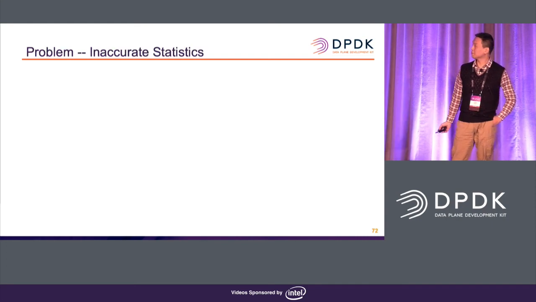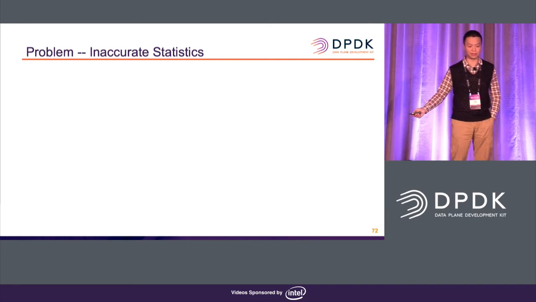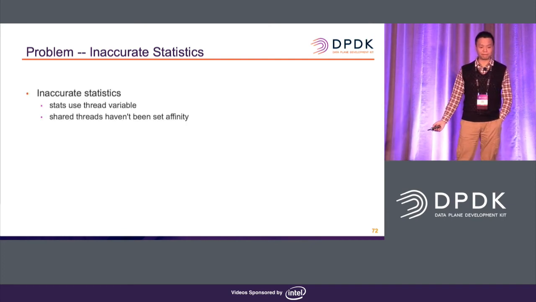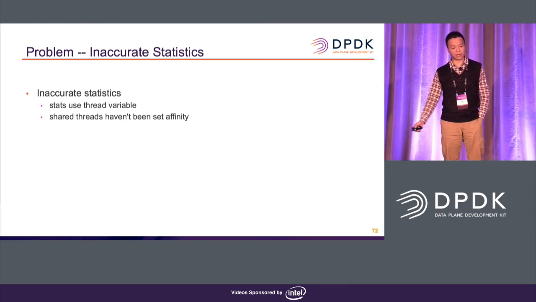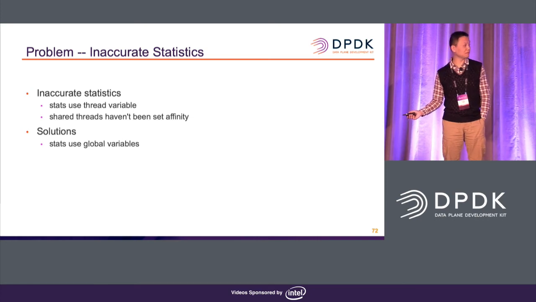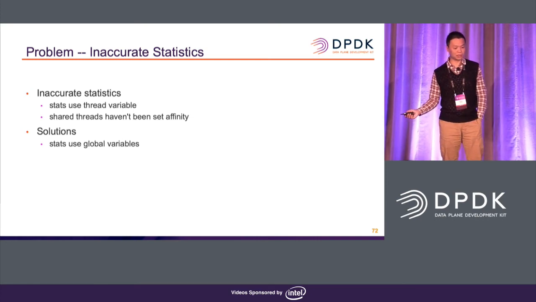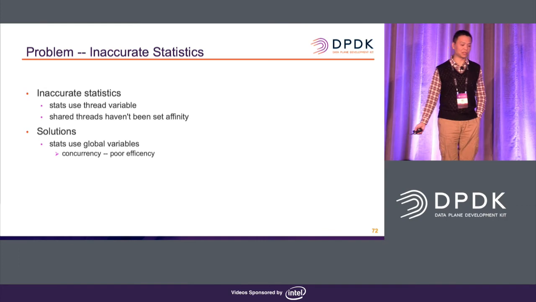And the last problem I want to mention is inaccurate statistics. This is similar to the previous problem. The stats use thread variables, and the thread is shared and not set with affinity. The first solution is to use global variables, but then we meet a concurrency problem.